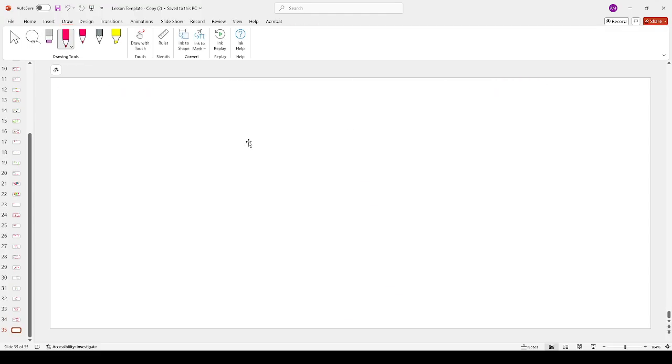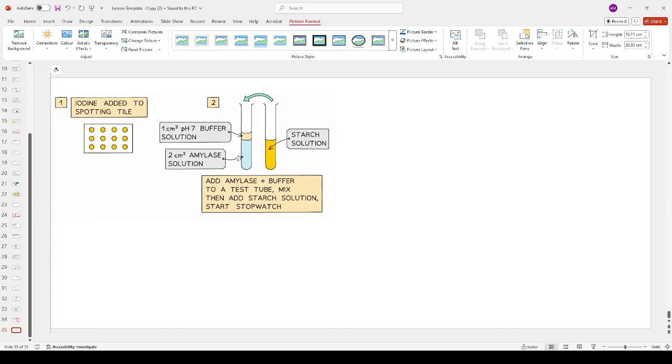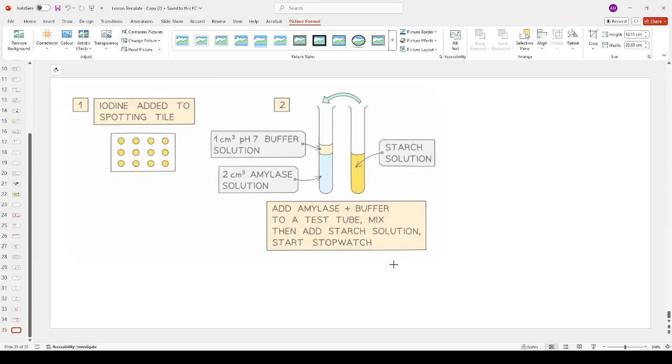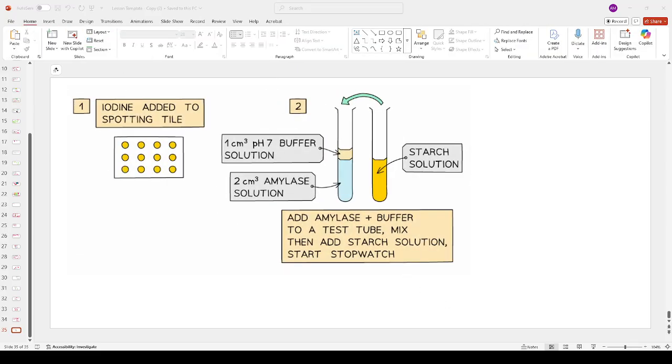So we are going to have a spotting tile. I will be finished after this, so not too long. So here we go, here we have our experiment.